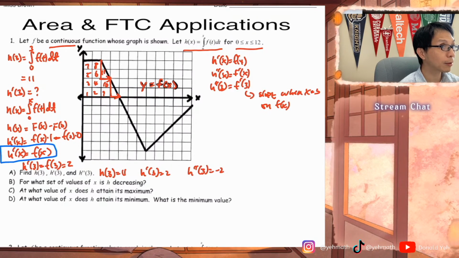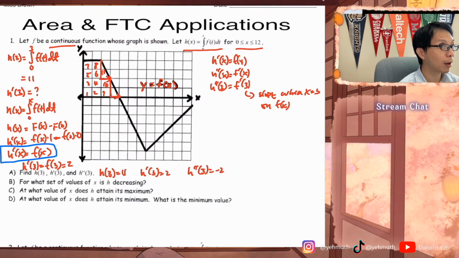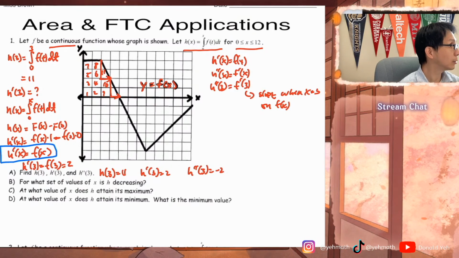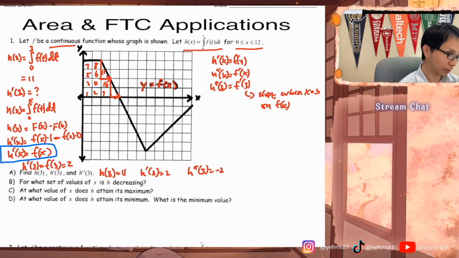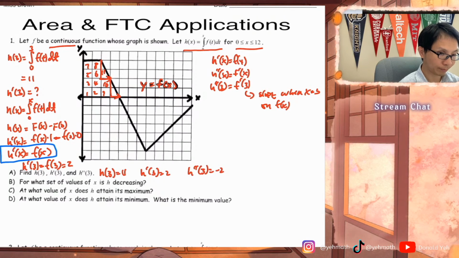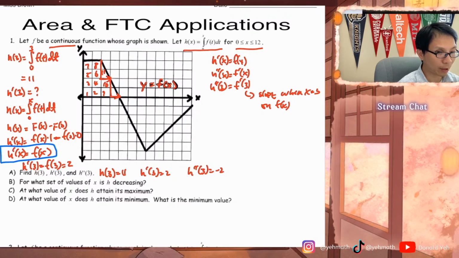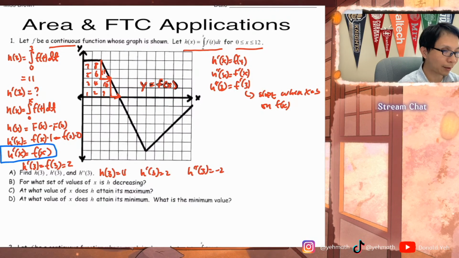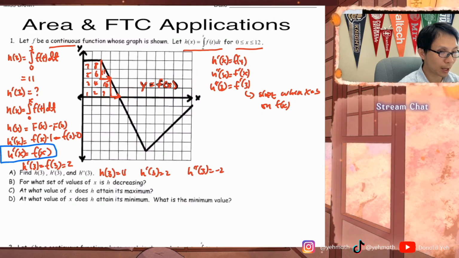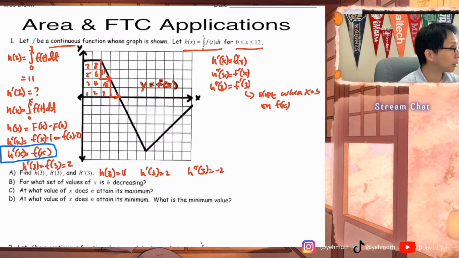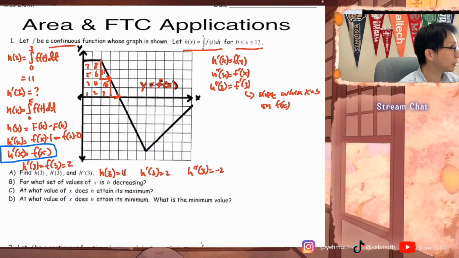Caroline, do you understand? Yes? Laurel? Whenever you're taking f prime of 3, you're just taking the slope. Yeah, so f prime of 3 is basically on the graph of f, and you just look at the slope when x is equal to 3, because prime means derivative, derivative means slope.